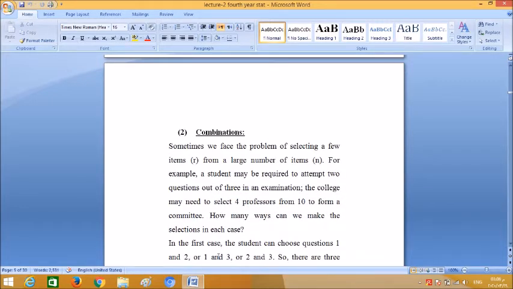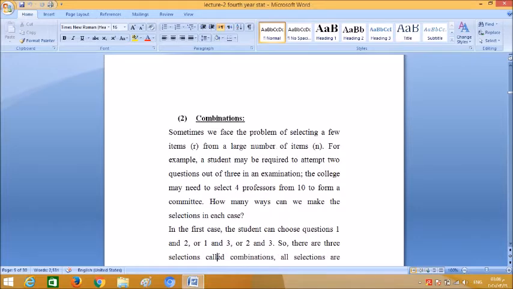In the first case, the student can choose questions 1 and 2, or 1 and 3, or 2 and 3. Okay? So we have 3 options, 3 selections. So there are 3 selections called combinations or groups, right?